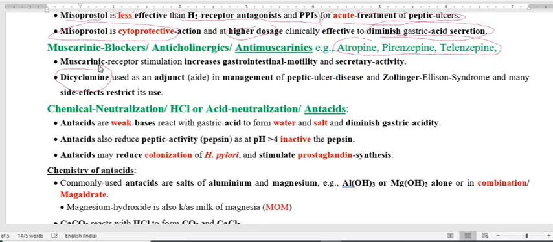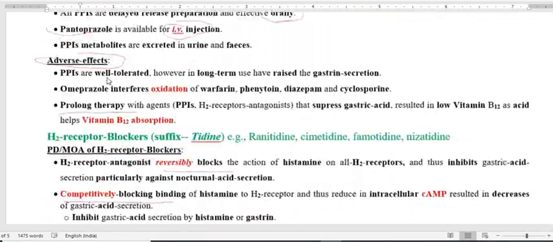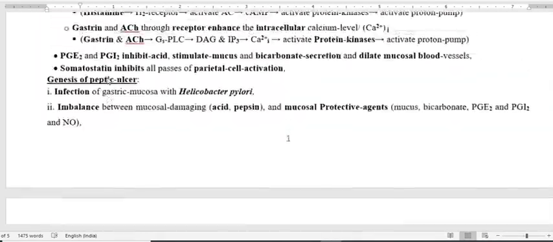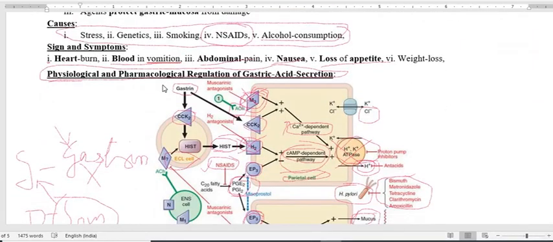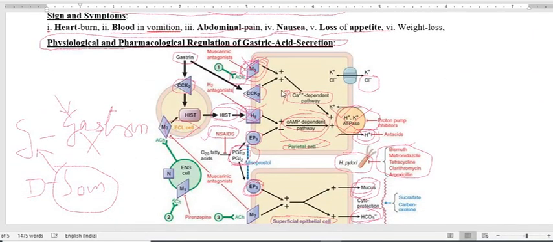This is the mechanism, see the figure here. On the muscarinic receptor present on the parietal cell, acetylcholine attaches and produces the efflux of hydrogen ion, participating in hydrochloric acid formation through the calcium dependent pathway.